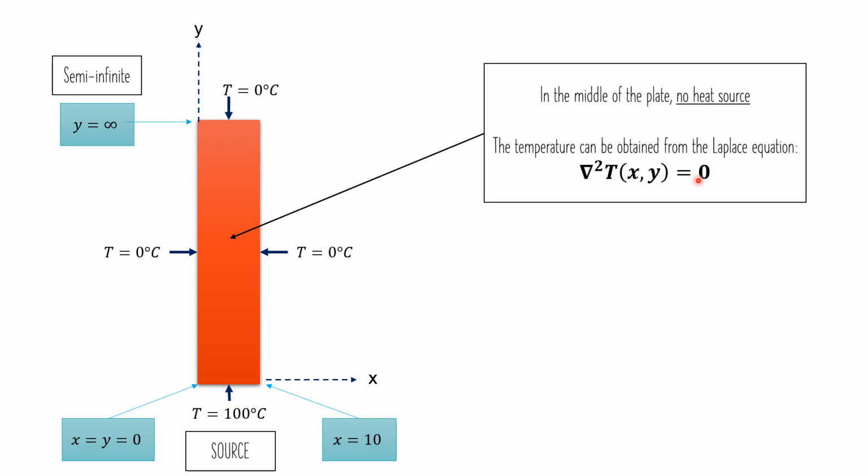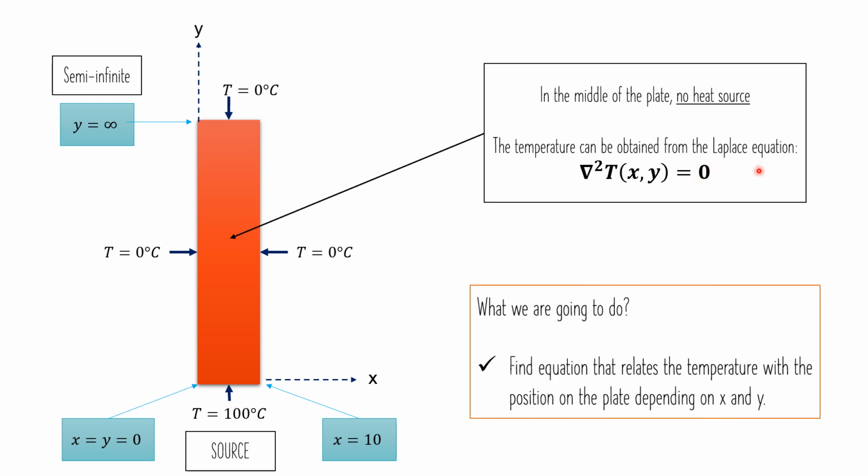As I mentioned earlier, we're talking about a case without a heat source, and therefore the right hand side here is equal to 0. As a refresher, what we are going to do is find an equation that relates the temperature with the x and y positions.